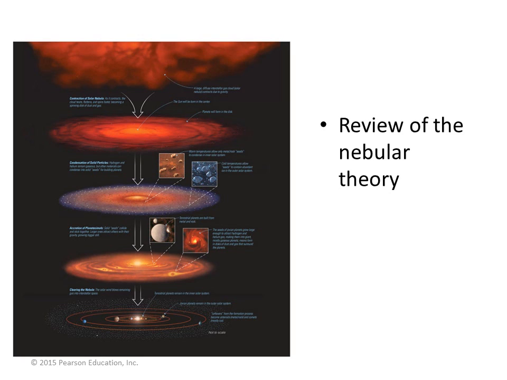So this diagram is a good review of the nebular theory. It's on page 163. So starting from the top, we have contraction of the solar nebula, and then condensation of solid particles. The hydrogen and helium remained gases, but other materials condense into solid seeds for building planets. And then in step 3, we have accretion of the planetesimals.